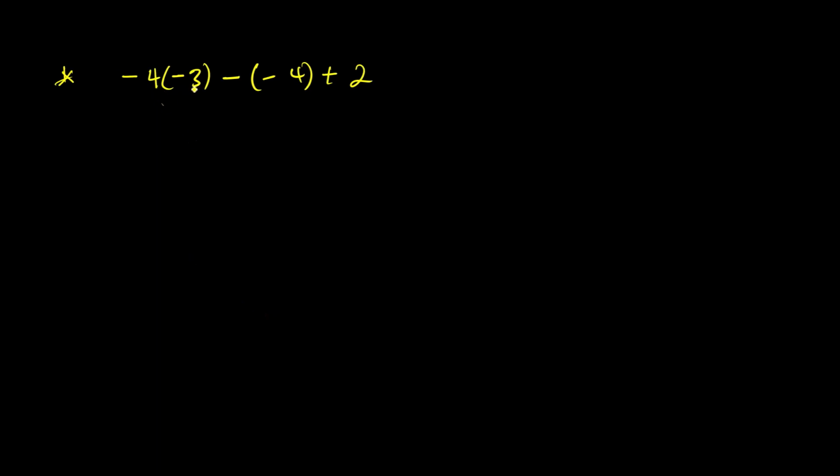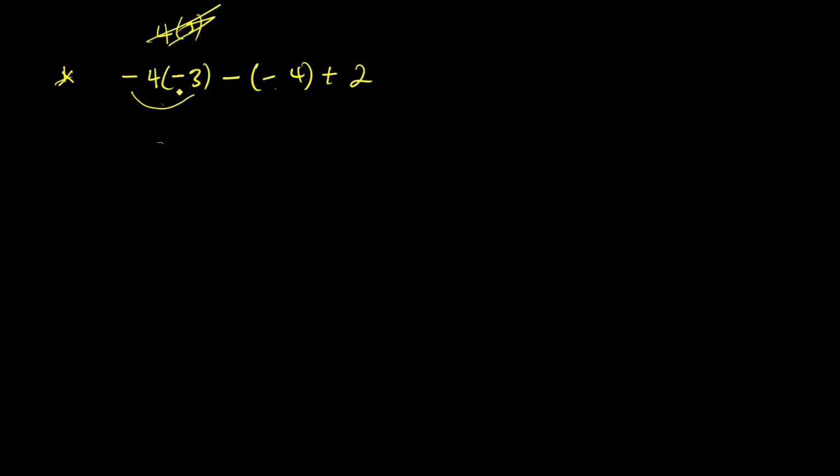We have minus 4 here and minus 3 here. Okay, so let's observe this one. This one is in a bracket, so this is the same as 4 times 3.